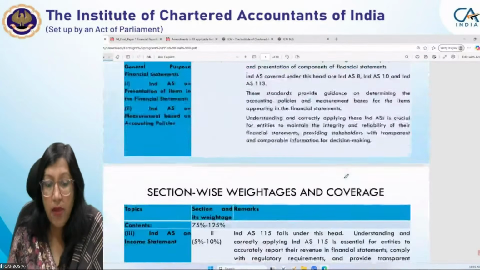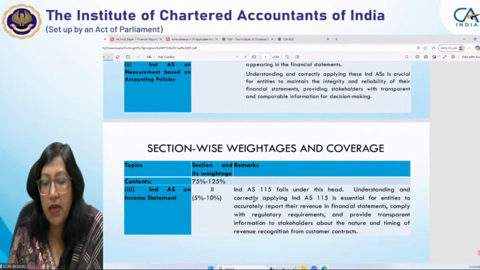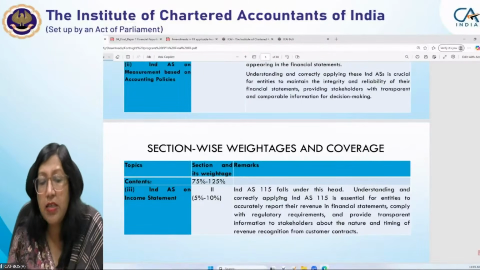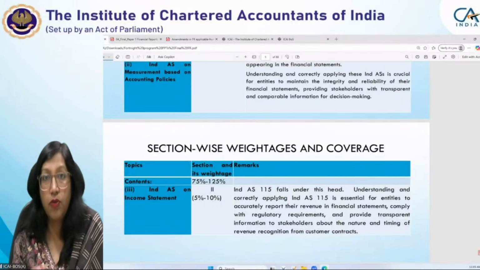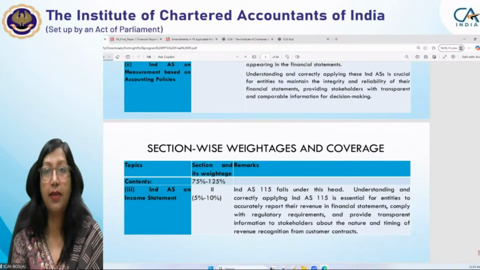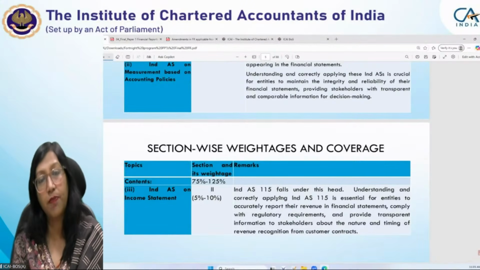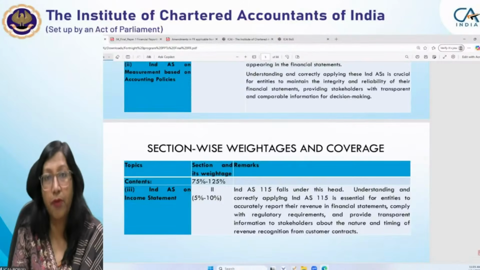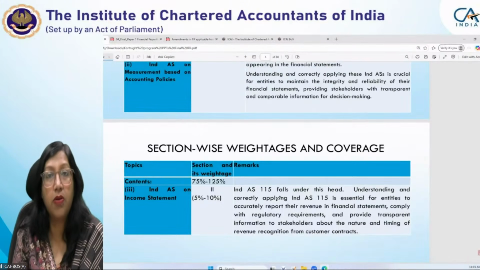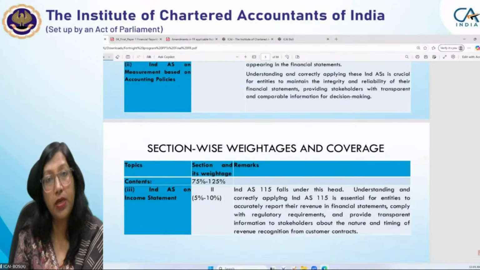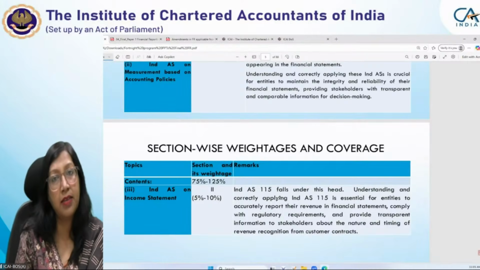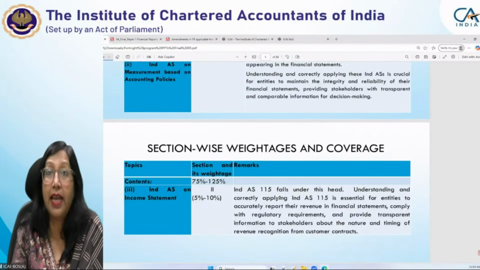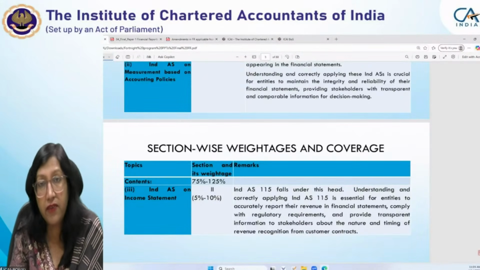So the section on Ind AS on income statement, where only Ind AS 115 falls, has a weightage of 5 to 10%. So through weightage also you can gather which topic is important and which topic is less important. But rather than saying not important, because nothing is unimportant, the USP of the CA examination is that it's unpredictable, and any question from any topic may be asked within the syllabus.